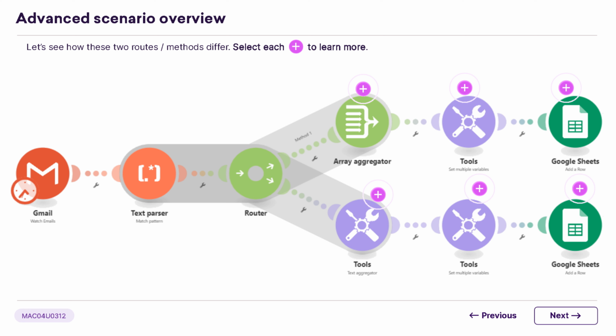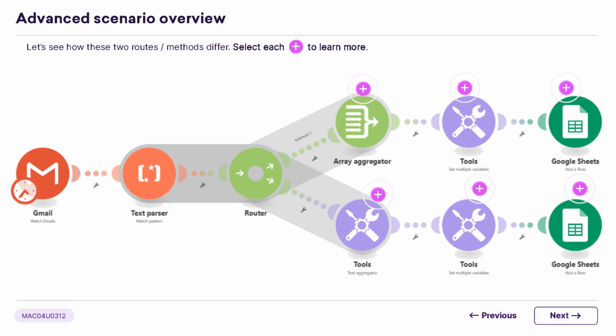The first method involves using an array aggregator. This tool collects all the bundles created by the match pattern module into a single array of collections. Each collection is streamlined to include only the necessary value, leaving out any extraneous information. This is especially useful when dealing with data that is structured in varied or unpredictable ways within emails.